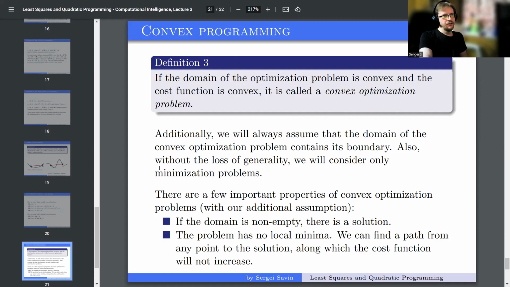We can discuss strictly minimization problems, but in fact, doing maximization is no problem. It is just that when you minimize, you want the function to be convex. When you maximize, you want the function to be concave. Domain would always have to be convex. There is no such thing as a concave domain. I'm not sure even how you would define a concave domain.